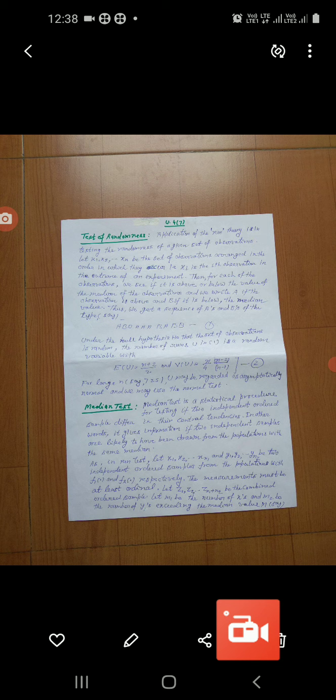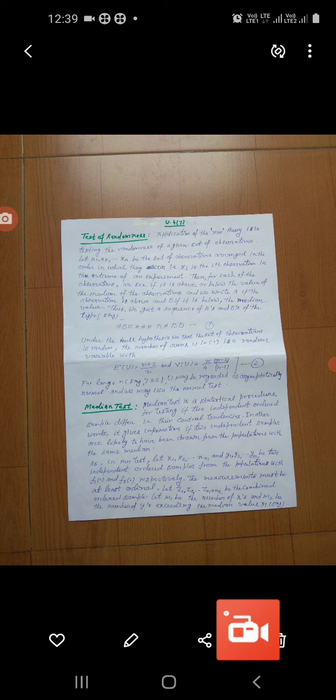We write A, capital A, if the observation is above the median value, and B if it is below the median value of the observation.